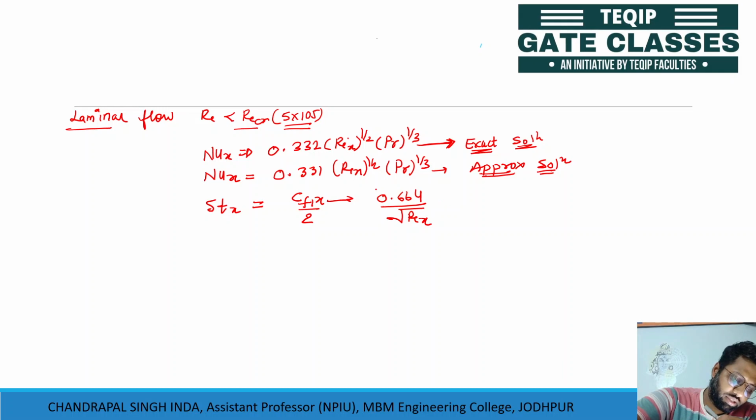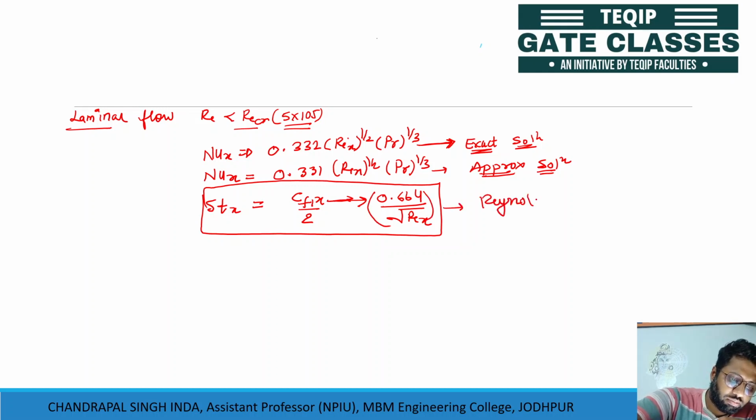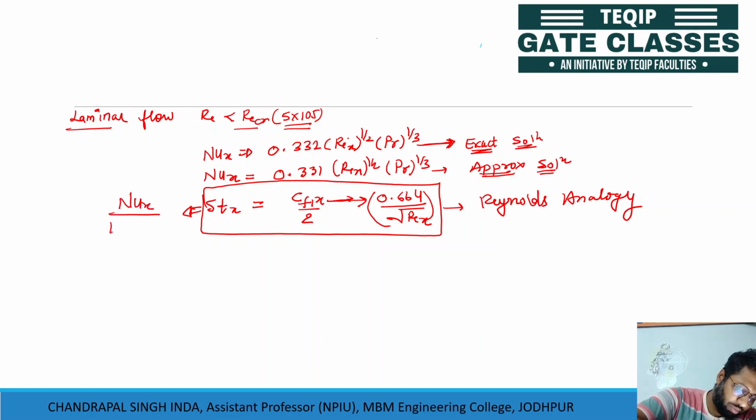That is by the Reynolds analogy. And Stanton number is equal to the Nusselt number divided by the product of Reynolds number and Prandtl number. This product of Reynolds number and Prandtl number is known as the Peclet number.